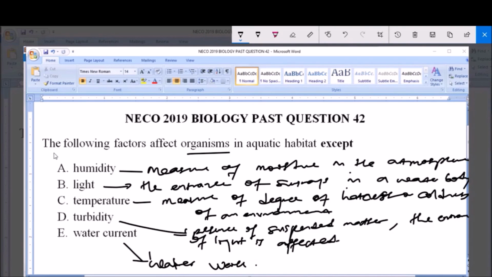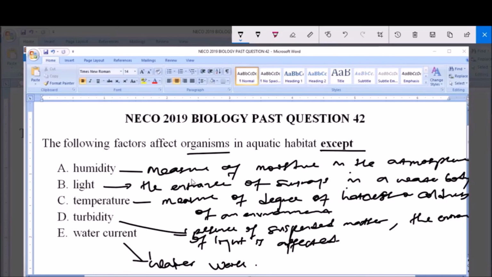Now, the following factors affect organisms in aquatic habitats, except. Now, option B says light. Light affects organisms in aquatic habitats, because penetration of light into the aquatic habitats enables the plants, the food of these aquatic organisms, to grow.